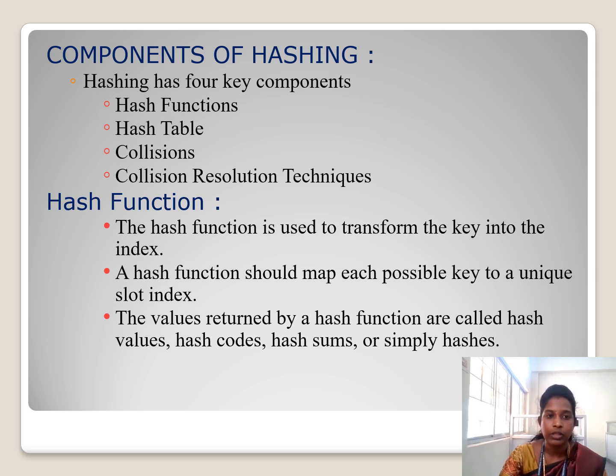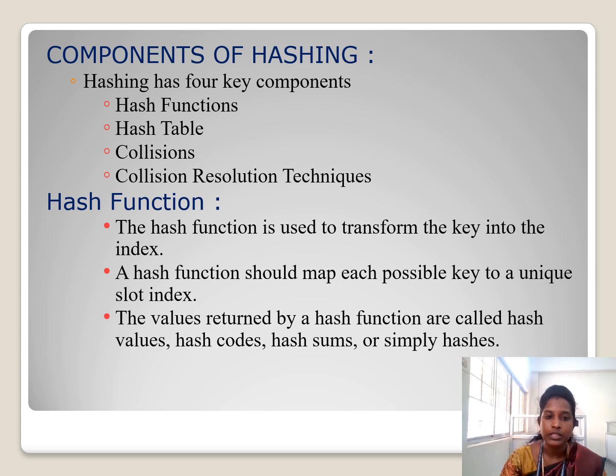Collision resolution techniques are the techniques used to resolve a collision. Whenever a collision occurs, we can use these techniques to resolve it. Some of the techniques I will explain in the upcoming slides.